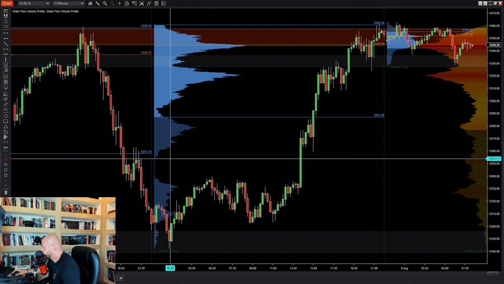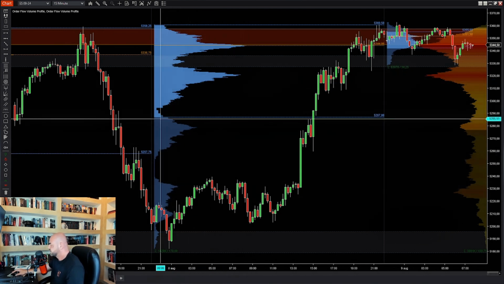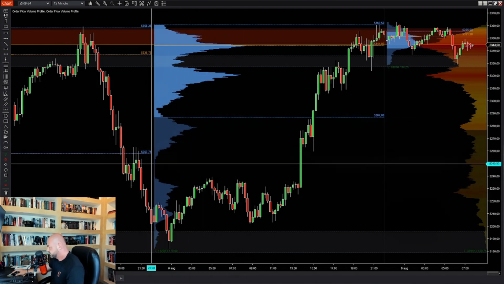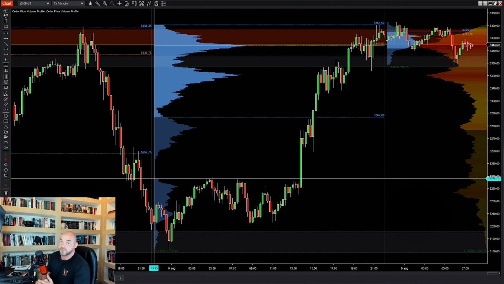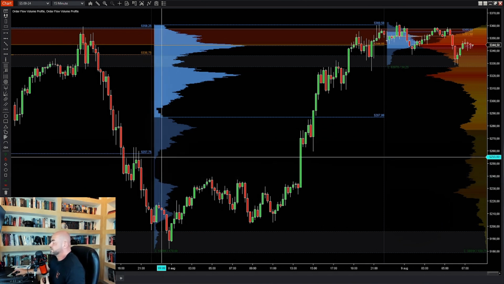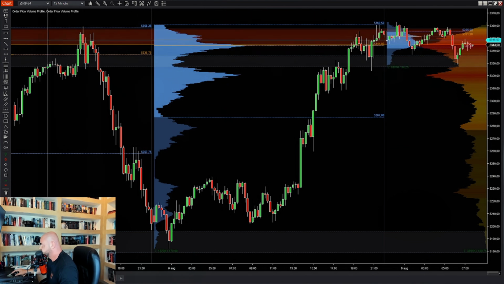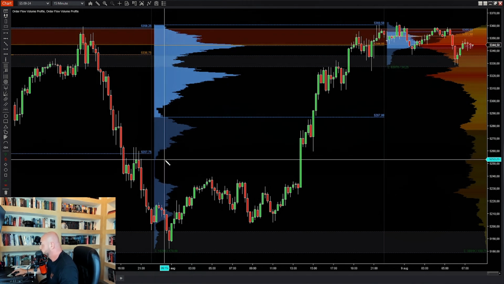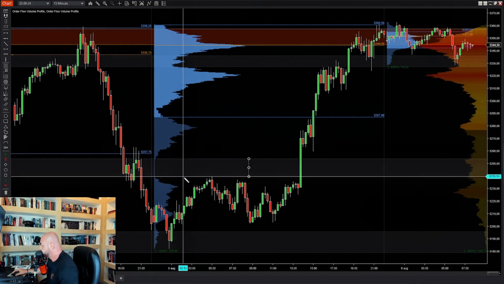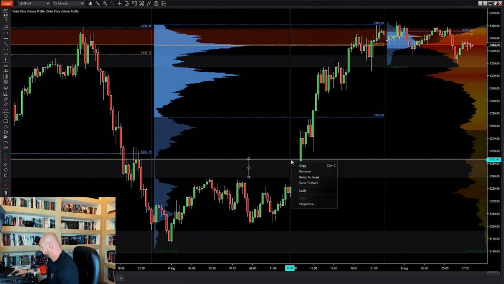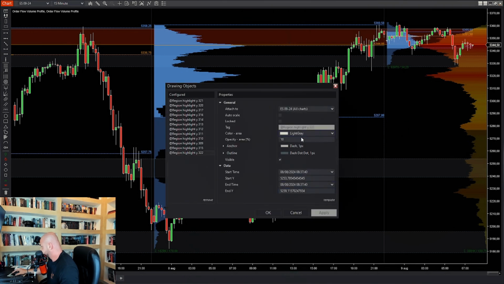So we're also going to mark out this zone. Because there's almost no activity on this volume profile, this is what we call single prints if you're into market profile, but I don't use market profile on my charts, but I will mark them out as being singles.